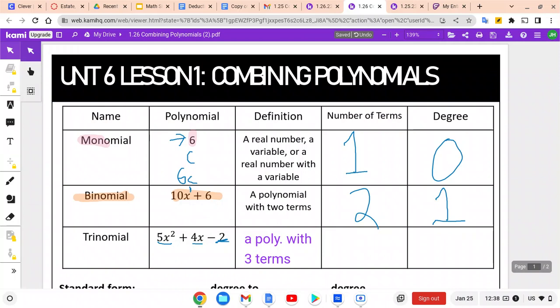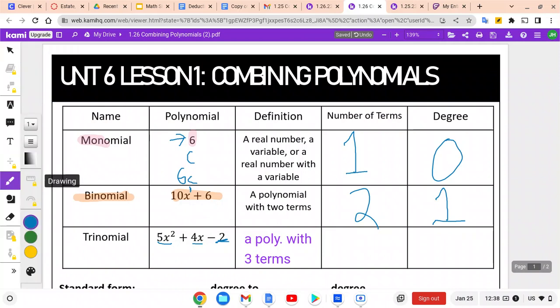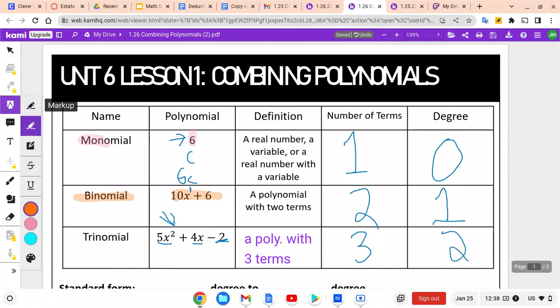So there has to be 3 terms. Of course, the degree can vary from trinomial to trinomial. They're not all the same, but this particular one, the highest power is 2. So what doesn't change is the number of terms, but the degree can change.